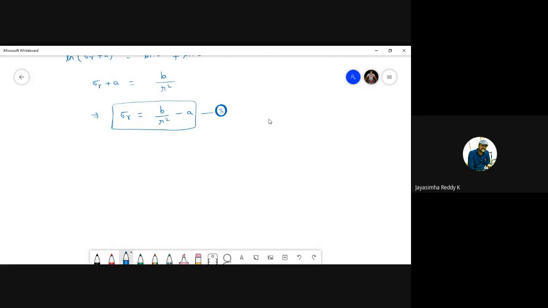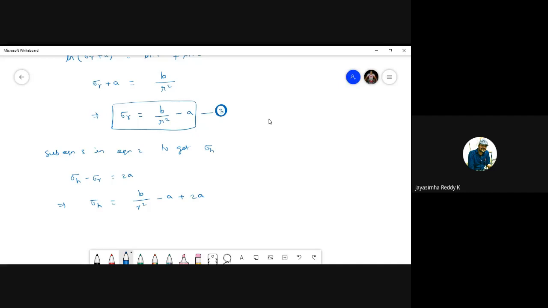So let us substitute equation 3 in equation 2 to get sigma h. So we have this, right, students? Sigma h minus sigma r is equal to 2a. This implies sigma h is equal to b by r square minus a plus 2a.